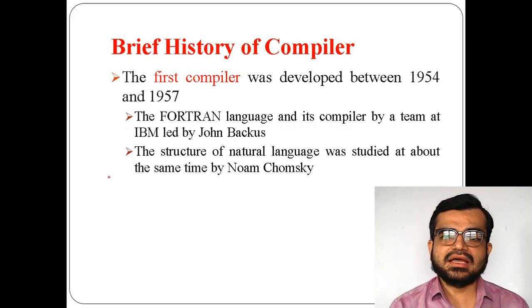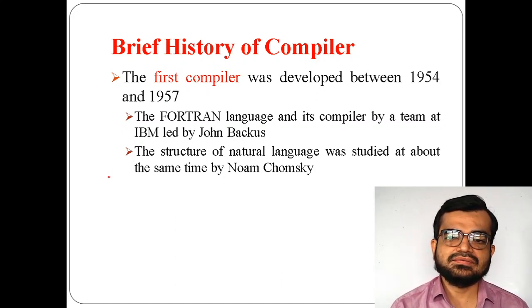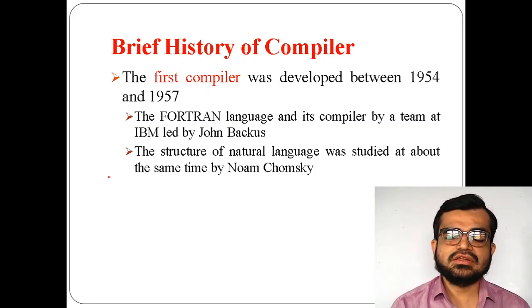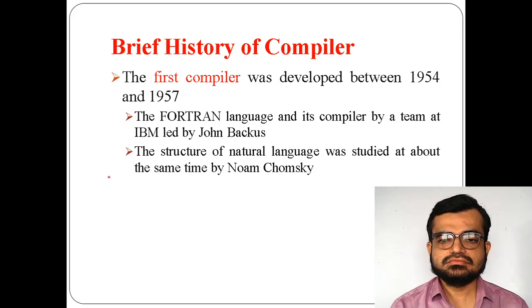The first compiler was developed between 1954 and 1957. The Fortran language and its compiler, who developed that? IBM, led by John Backus.